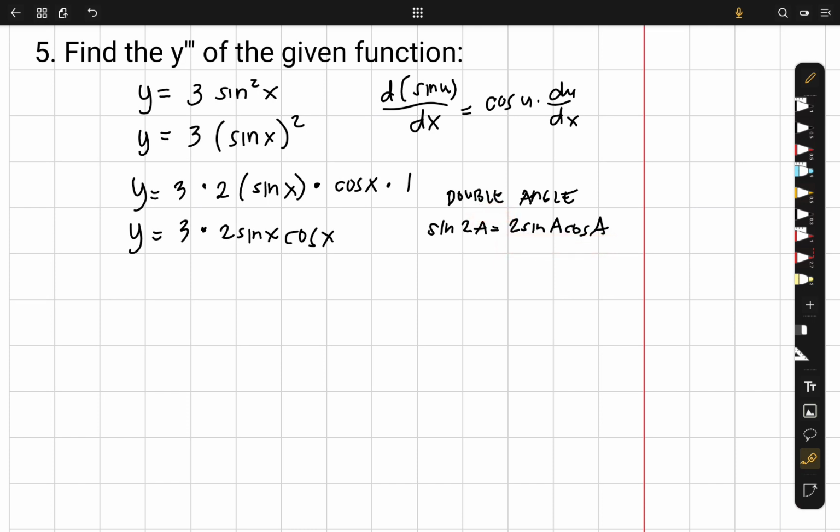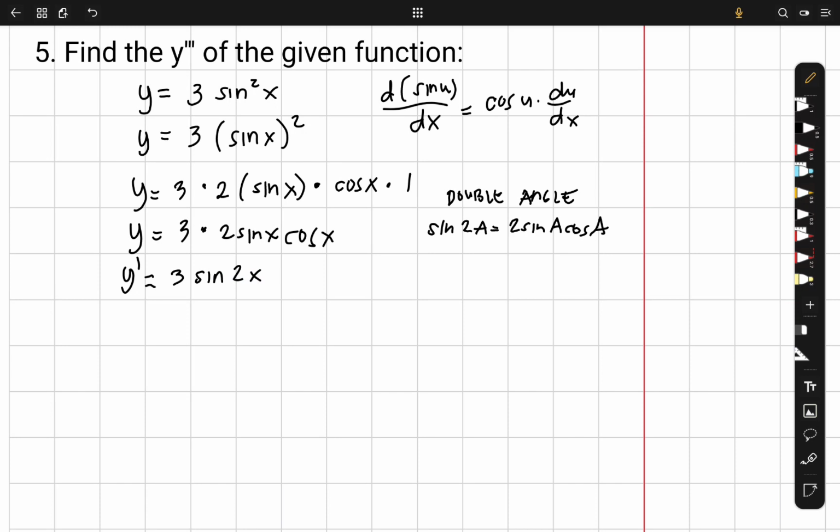So, ito yung 2 sin x cosine x, where yung a dito is any algebraic expression. So, dito, we have the same, which is x. Ayan, a, right? So, transform natin siya to this form. So, we can say that y prime natin is equal to 3 sine 2x.